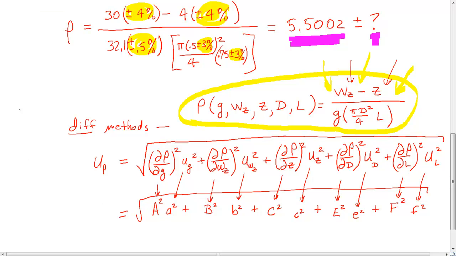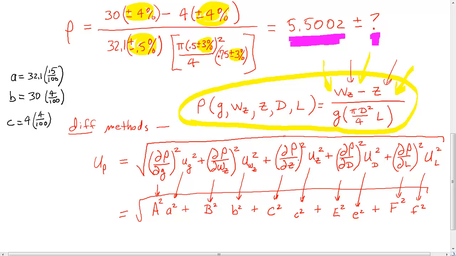So I'm looking for A. A is going to be, and I'm basically redoing the same thing, G is 32.1 times 0.5 over 100. B is equal to what? Well, B is the WZ, so it's 30 times 4 over 100. And C, what was C? C is nothing more than the Z, the 4 times 4 over 100.